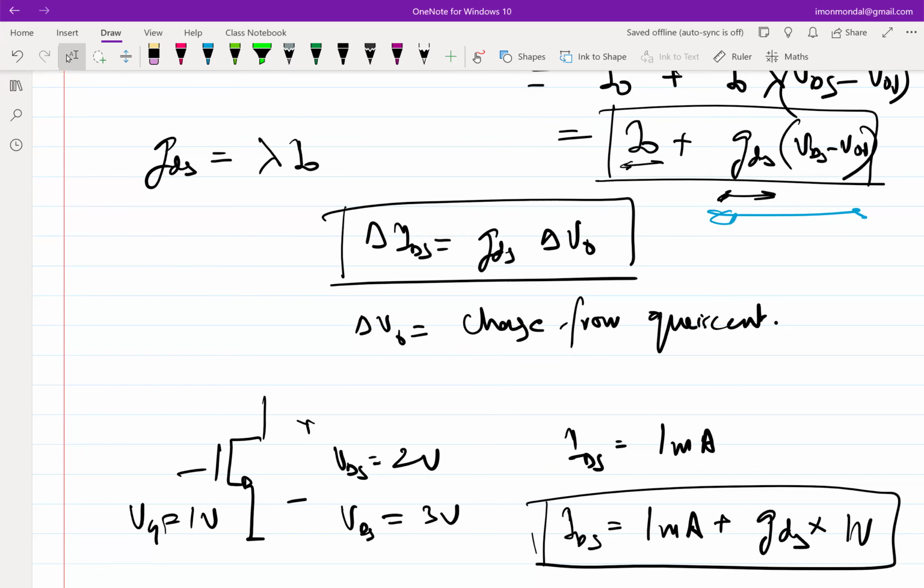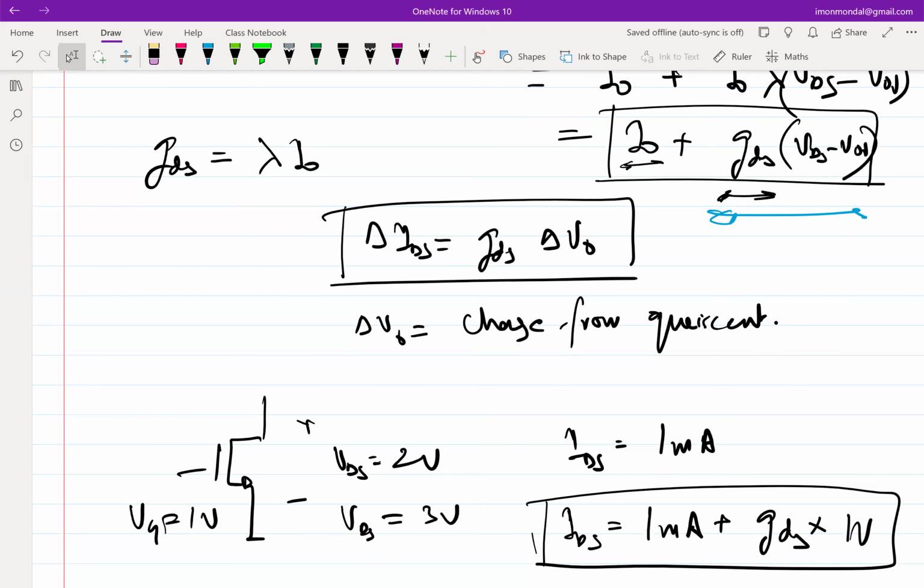Yes. What are the conditions for this? Okay, so this question is, what are the conditions for allowing this? What are the conditions when we can neglect the modulation? Like, can I use the GDS for 2 volt as is? Right, so you can use the GDS at 2 volt or 3 volt. That is absolutely okay. You can use either, but you have to be very clear which one you use.